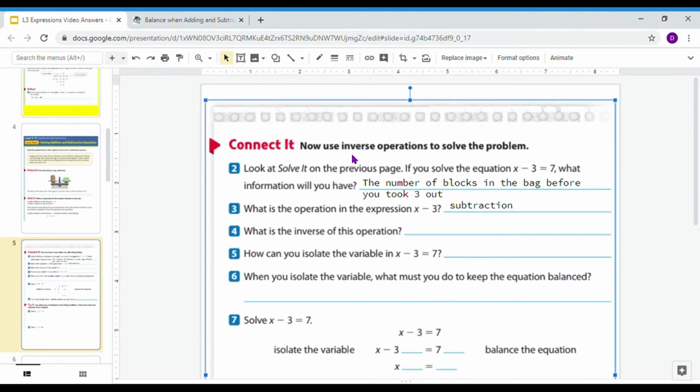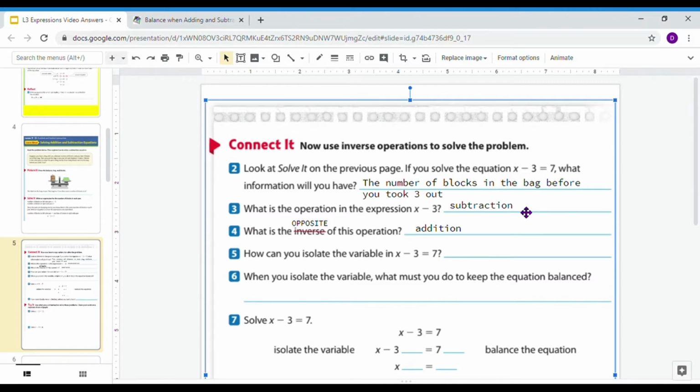Now remember from that notes page that the inverse is going to be the opposite of the operation. So the opposite of subtraction is going to be addition. And so in order for us to solve this equation, we know that we're going to have to use addition, because it's the opposite of the operation that's being used.